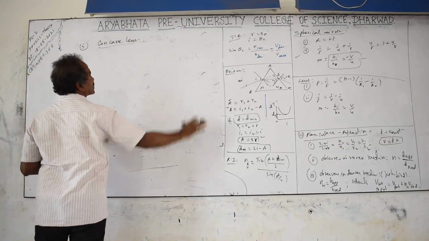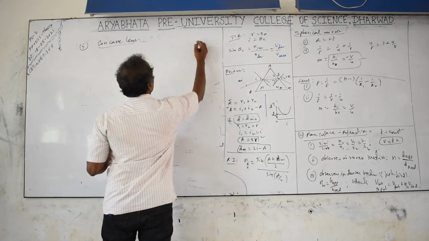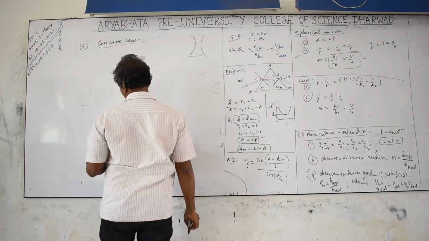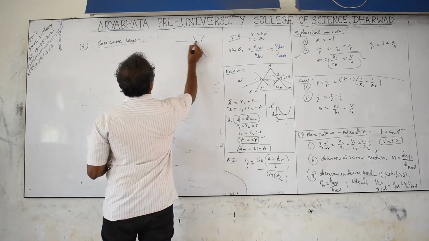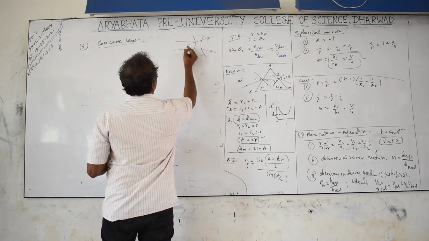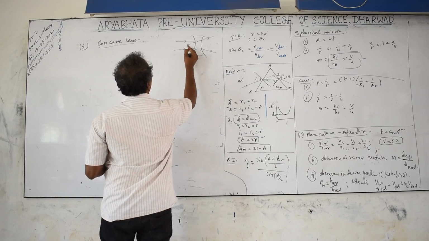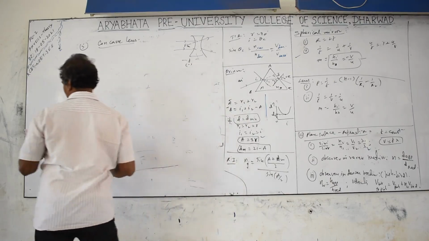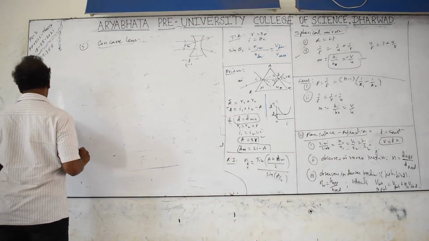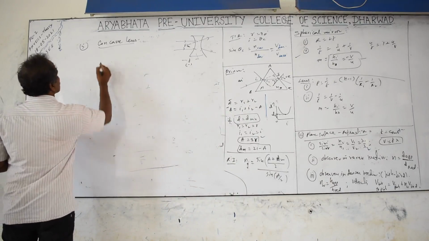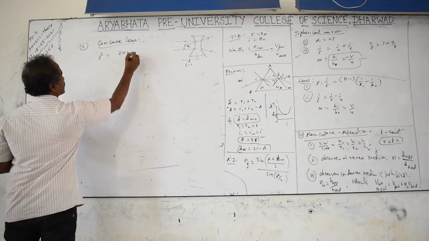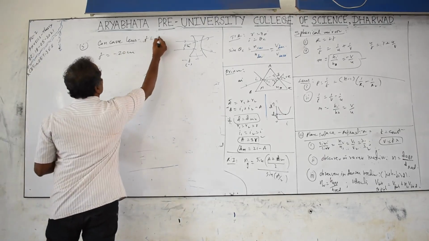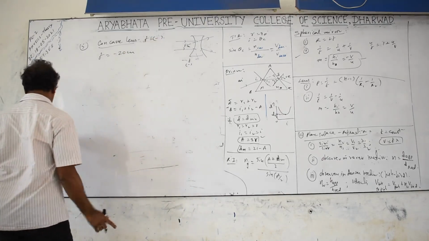A concave lens means the focal length is compulsorily negative. It is also called a diverging lens. This is the focal length; the focus is on the negative side, so f is negative. For the concave lens, the focal length is 20 centimeters as mentioned, but it must be taken as negative. For a convex lens, the focal length is always positive.